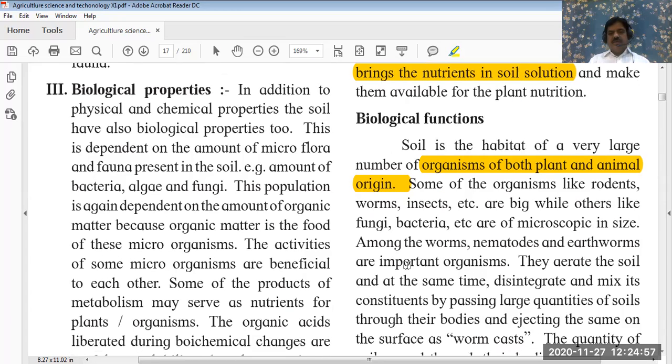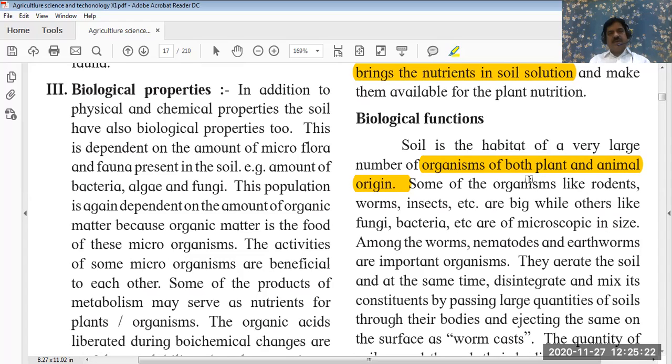Again, within plant origin and animal origin, there are different kinds, like micro animals and macro animals, that is, microorganisms and macroorganisms. In the same way, micro plants and macro plants.